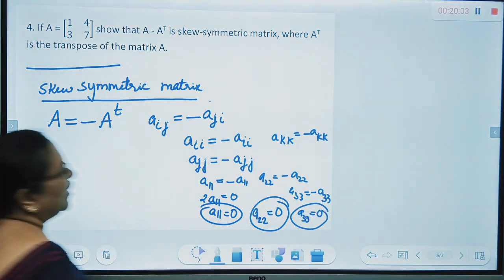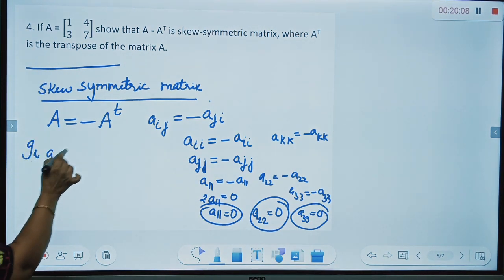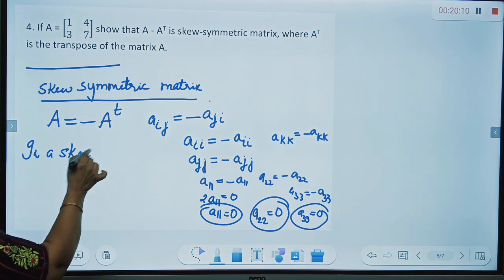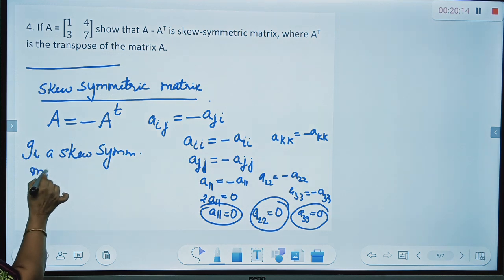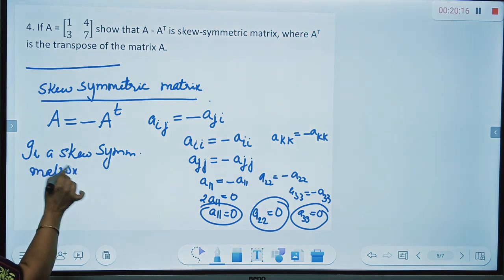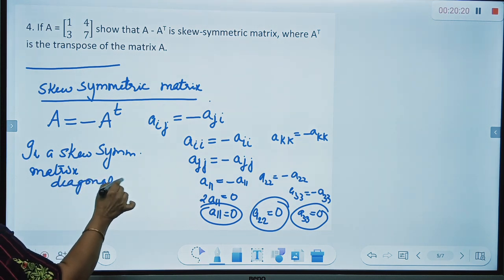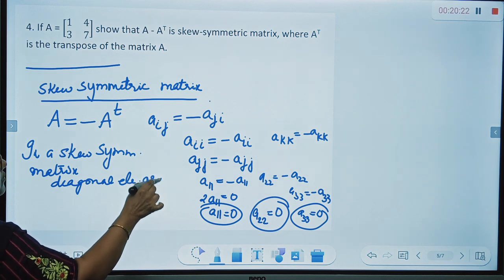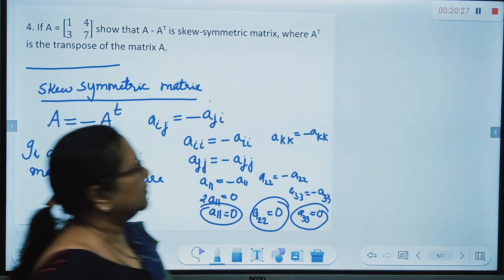So, a very important property: in a skew symmetric matrix, the diagonal elements are 0.